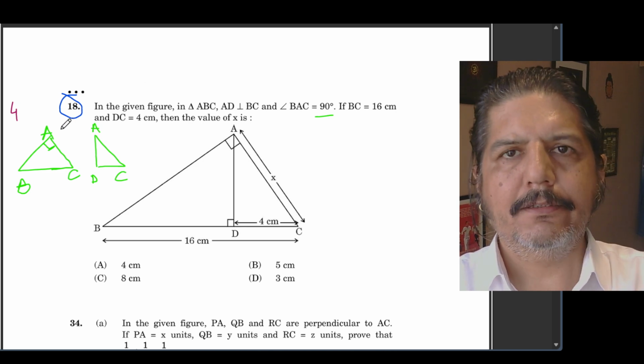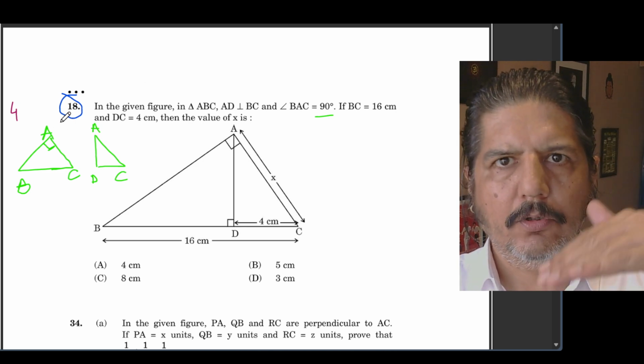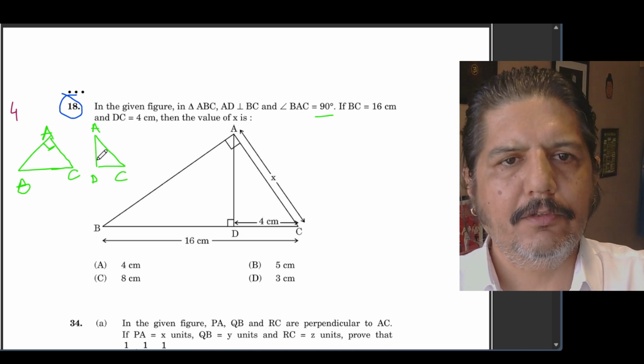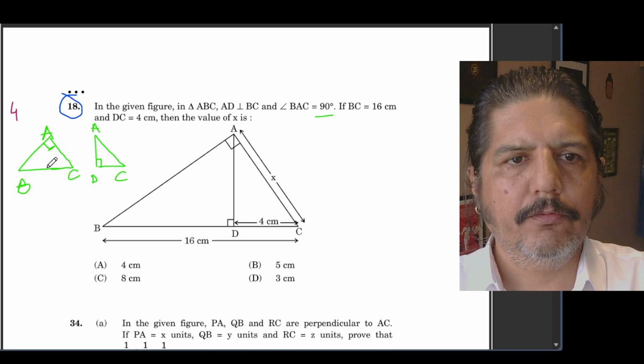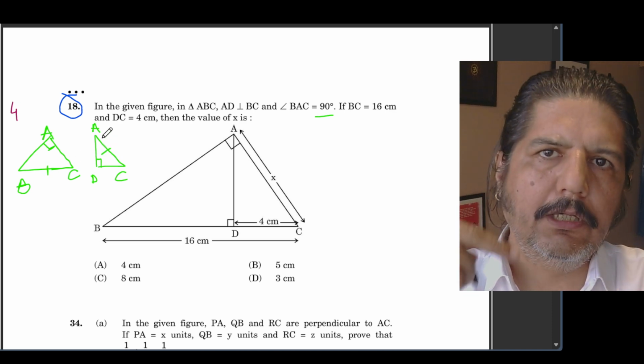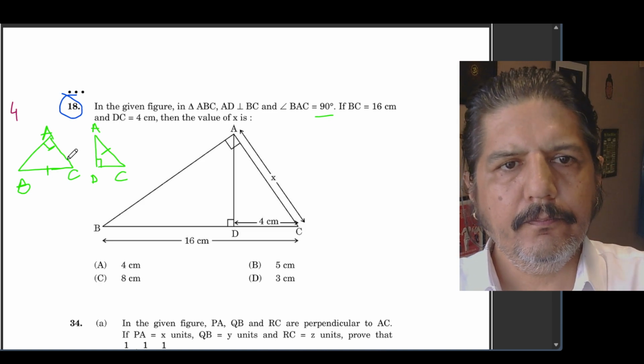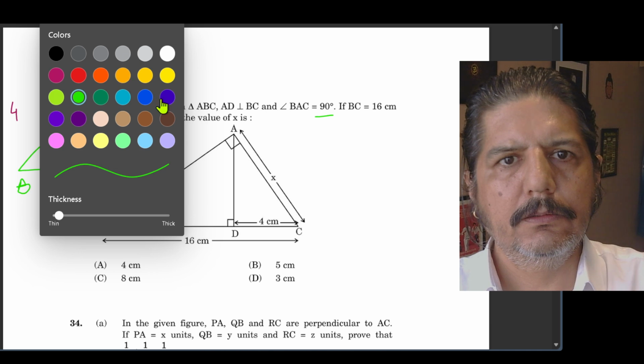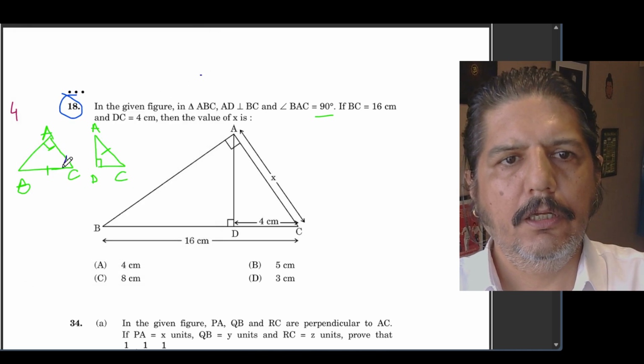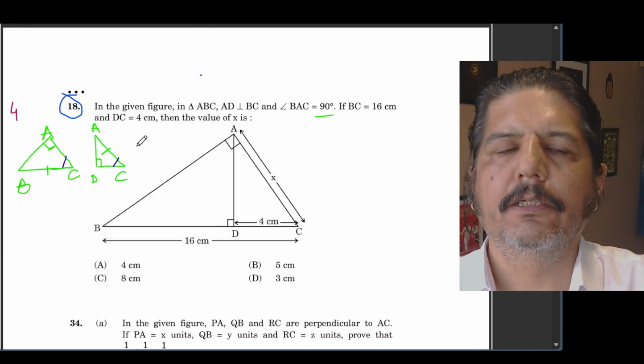Now I'll start marking the equal angles and the corresponding equal sides. So this angle is equal to this angle. Therefore, this side would be proportional to this side, opposite to the equal angle. This angle is equal to this angle. They are the common angles.